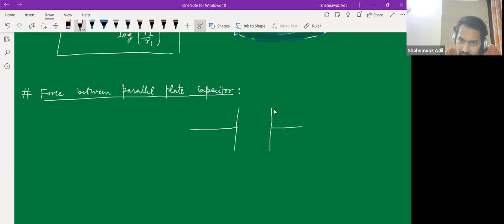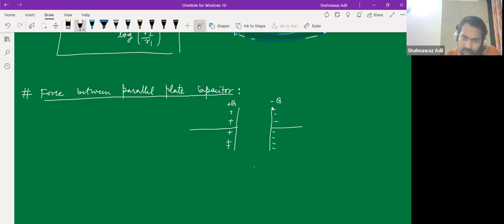So this is minus, this is plus, so it is plus q and it is minus q. And we are calculating the force on this charge, right? So what would be the force on this charge?